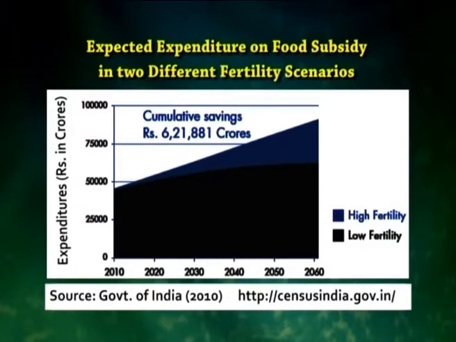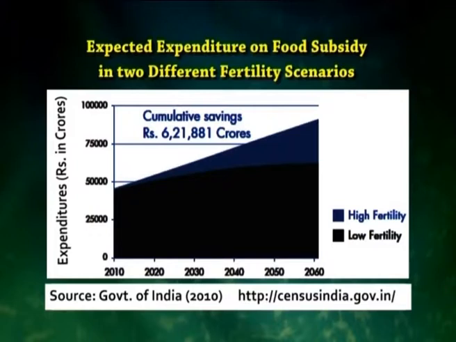This is shown in this figure. The figure shows that in case of low fertility scenario, the food subsidy bill will cross a little above rupees 50,000 crores in 2060, while in case of high fertility scenario, it may shoot up to more than rupees 85,000 crores.